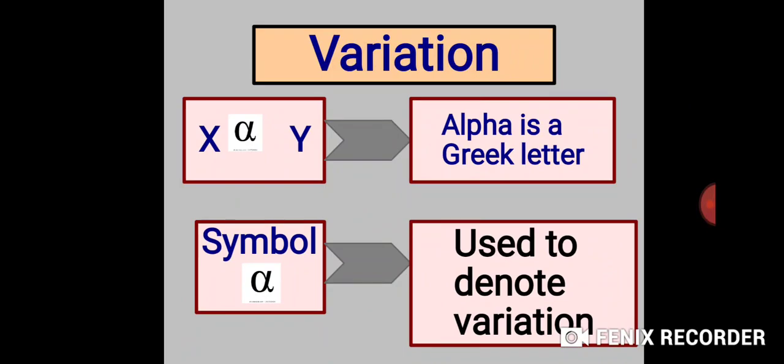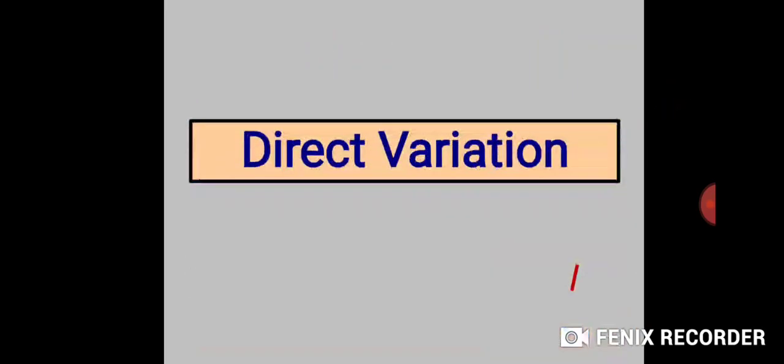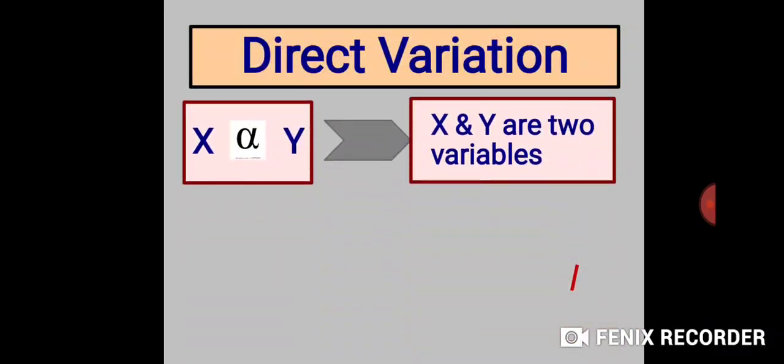But when we have to solve examples on direct variation or inverse variation, we have to change this alpha symbol into an equation.